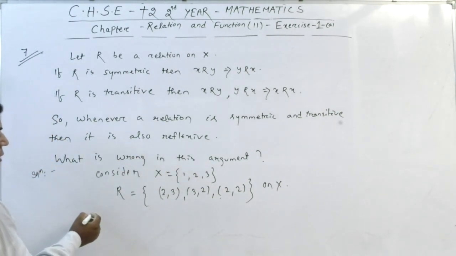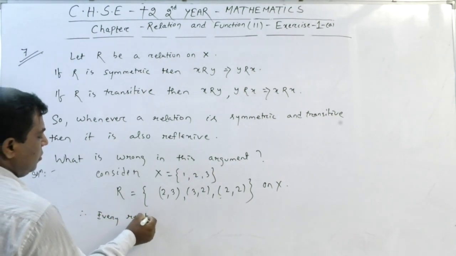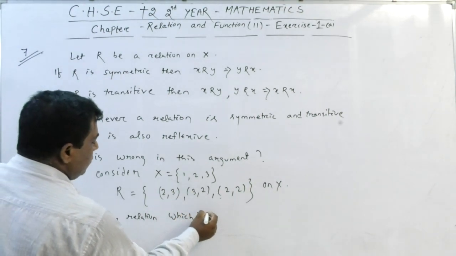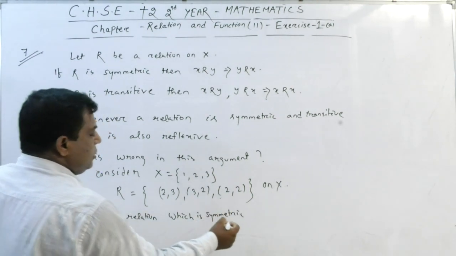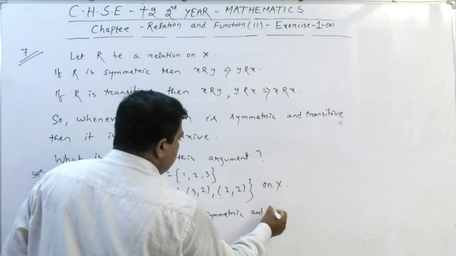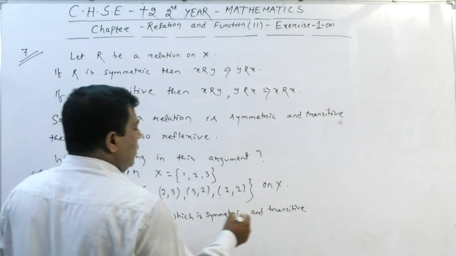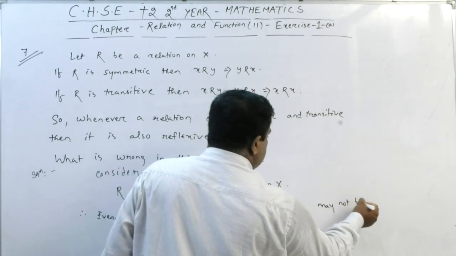So what is wrong in this argument? You can say, therefore, every relation which is symmetric and transitive may not be reflexive. Why?